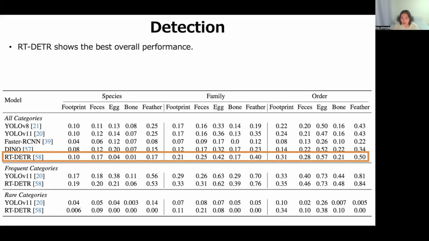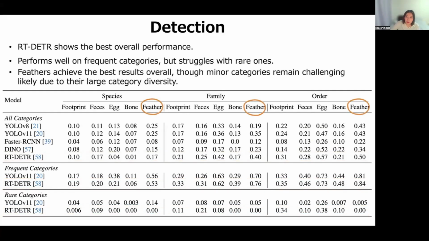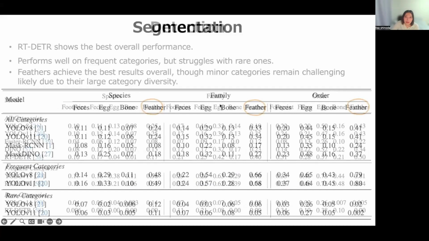This is the detection part. RT-DETR achieves the best overall results, especially for frequent categories. However, detection of rare classes is still difficult. Among trace types, feathers perform the best overall, likely due to their large category diversity and distinguishable colors.